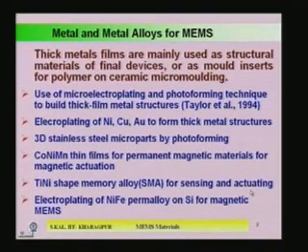So, we use thick metal films for those devices which are used as structural materials for final sensors, and sometimes as a mold which is inserted into the polymer or ceramic micromolding. What micromolding is and what the molds are, I will discuss during the micromachining class.